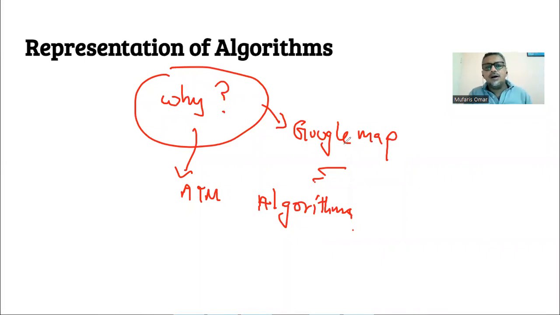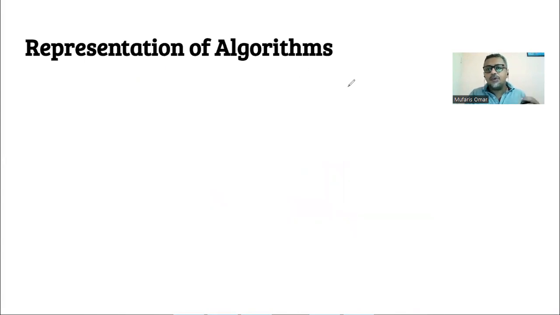Okay, so now we have to represent the algorithm. Remember, last class I explained this. We can write an algorithm to solve problems. But if everyone tries to write algorithms in their own way, then that's a problem.